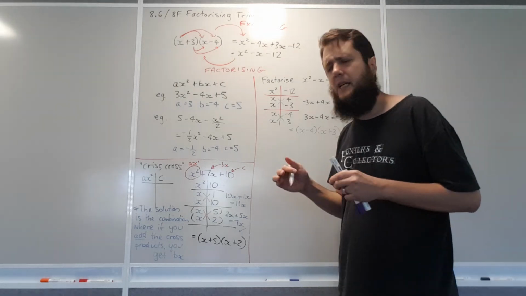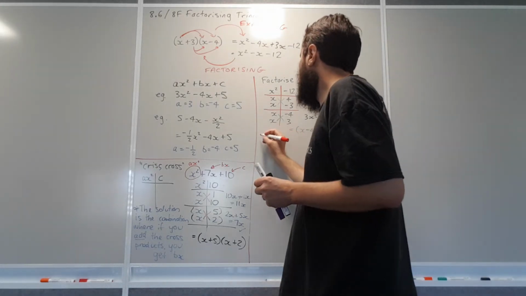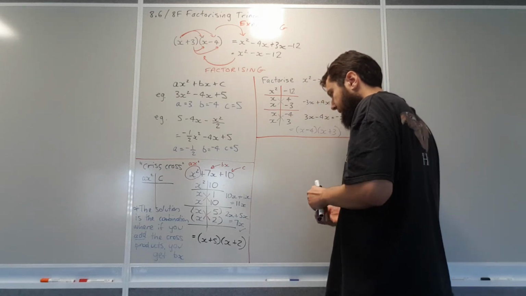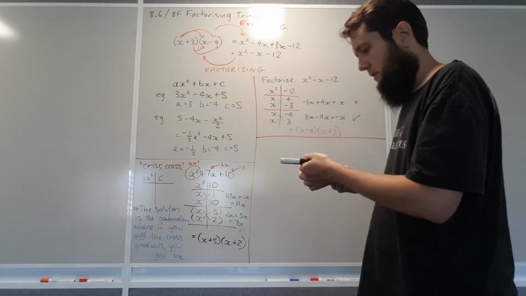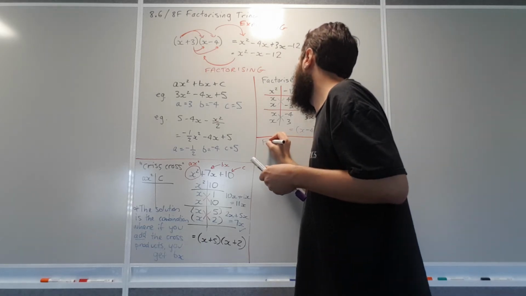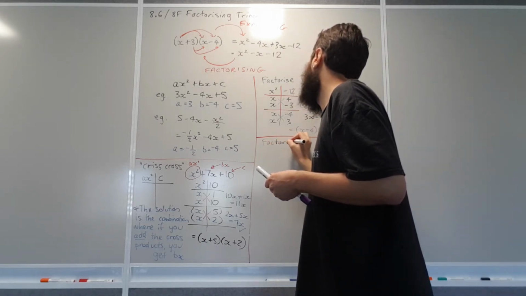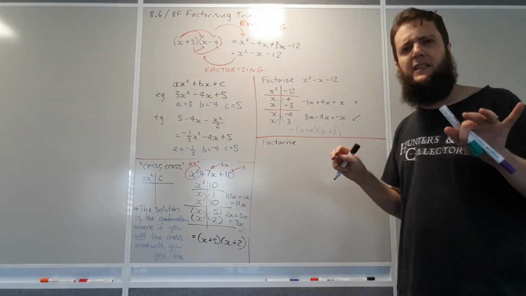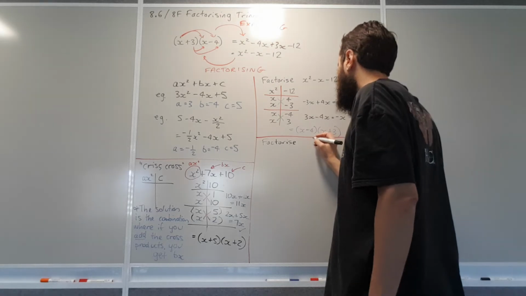There's one particular case I need to show you. And it looks a bit like this. Factorise, and this one's going to have something in front of the x squared, but a really easy way of getting around that problem.